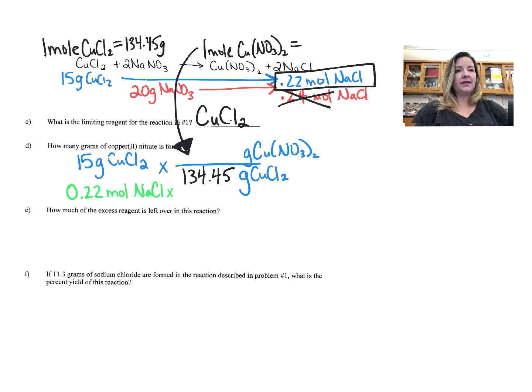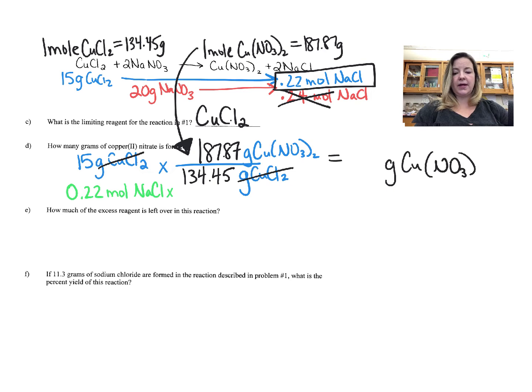When I calculate that, I find that 1 mole of copper nitrate has a molar mass of 187.87 grams. So that goes on the top because according to my balanced reaction, it's 1 mole. My grams of copper chloride cancel out. My resulting answer is going to be grams of copper nitrate. And when I calculate that, you should get 20.96 grams.